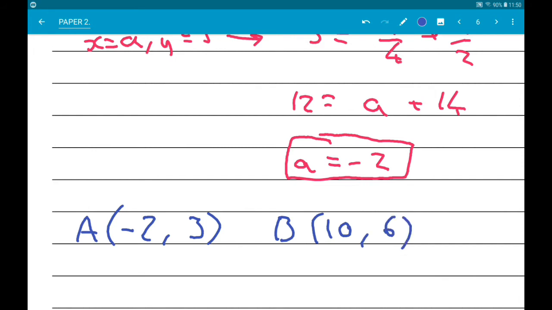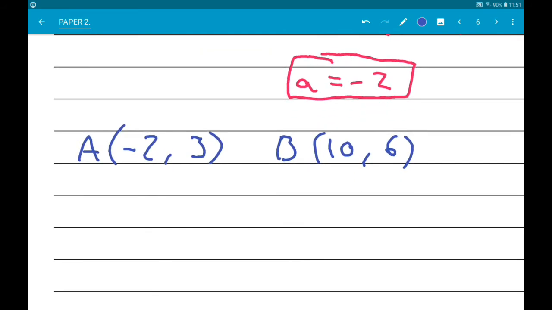Now because AB is a diameter of the circle, the midpoint of AB is the center of the circle. So we now want the midpoint. So that's the average of the coordinates.